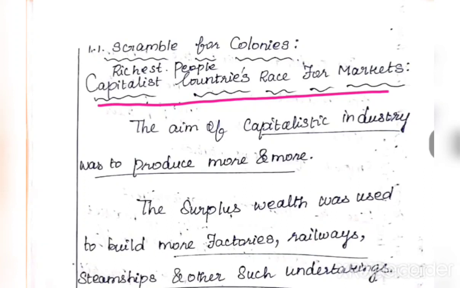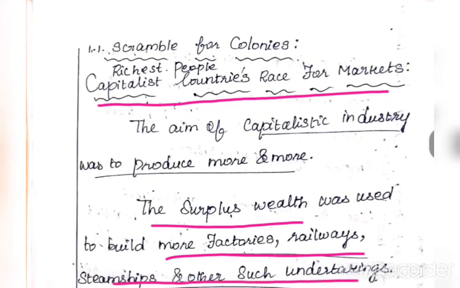The surplus wealth, meaning they have enormous wealth, more wealth, was used to build more industries, railways, steamships and other such undertakings. So their wealth was spent to construct more industries, railways, steamships and other such undertakings.